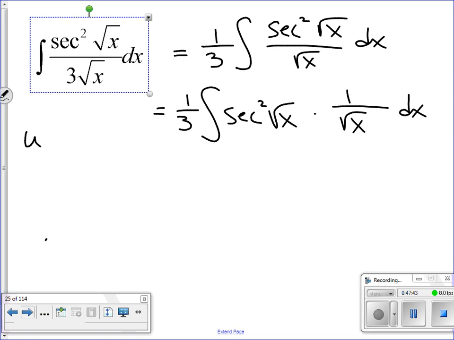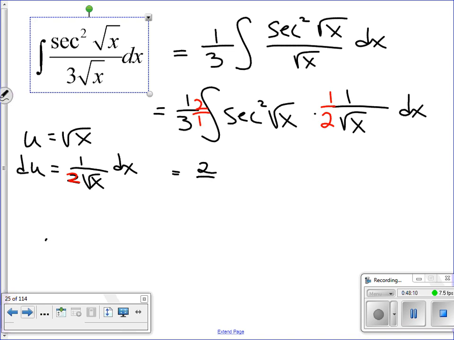So if we let u equal rad x, du is 1/2 x to the negative 1/2, but this one you'd like to know by heart, 1 over 2 rad x dx. So when you take a look to see if you have your factors of du, you say, oh yeah, I'm missing a 2, but it's in the denominator. So if you put a 2 down here, what you're really multiplying by is a 1/2 inside. So you need to multiply by 2 over 1 on the outside.